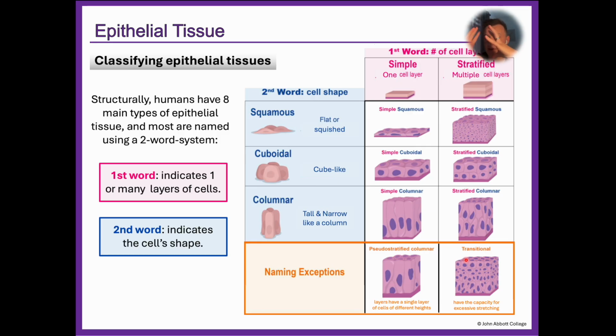And then when the bladder expands, it pushes the walls, and these cells over here get thinner and thinner, and they create these more squamous looking cells. So these cells can transition between cuboidal and squamous depending on how full the bladder is. That's called the transitional epithelium. It's a stratified layer that can transition in terms of its cell shape.